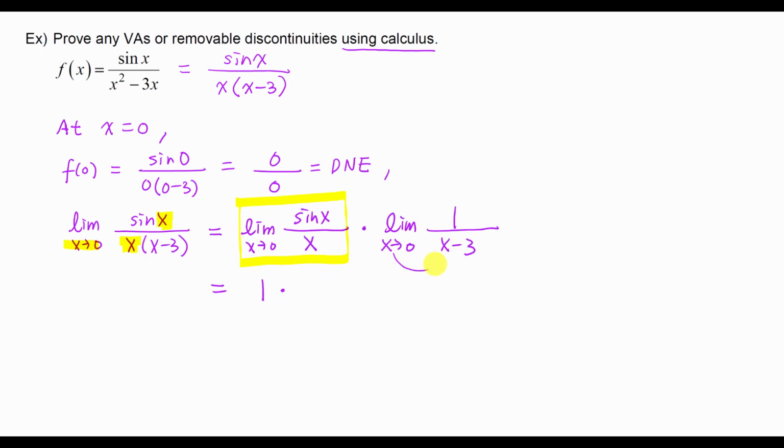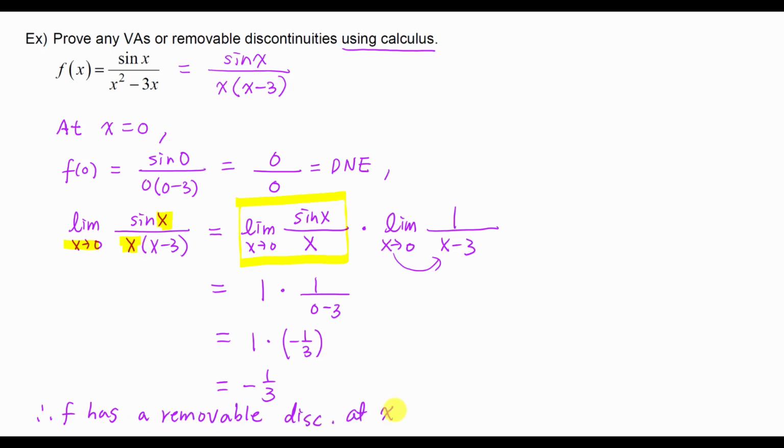Now you can plug 0 here, and that will be 1 over 0 subtract 3, which is equal to 1 times negative 1/3, which is equal to negative 1/3. And because f of 0 does not exist, but the limit as x approaches 0 of f of x exists, thus f has a removable discontinuity at x equals 0.